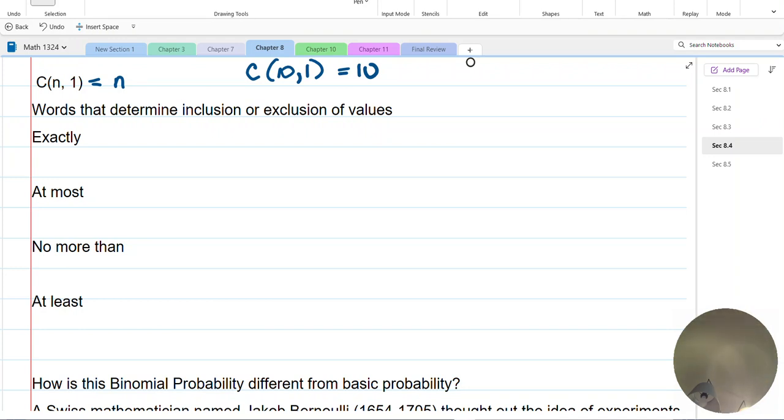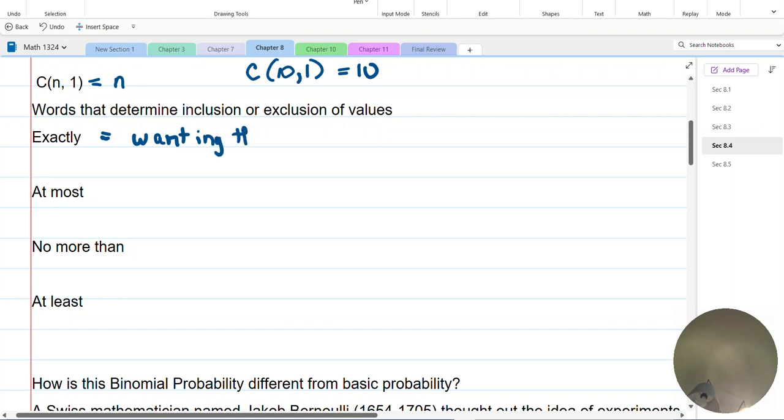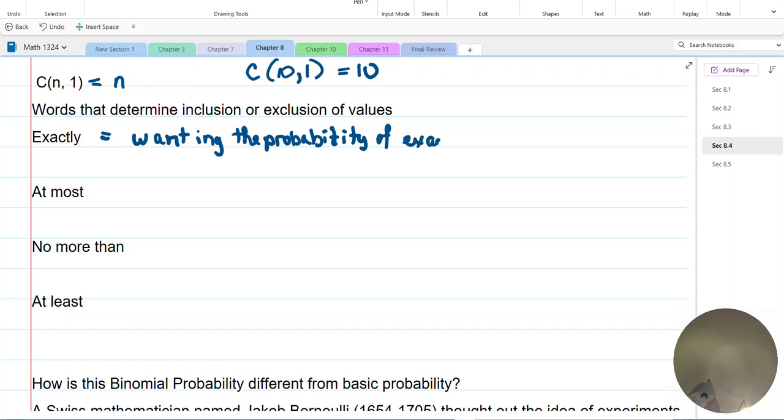One of them is precisely, or exactly, and that is wanting the probability of exactly a value. What's important is that we get into the calculator.